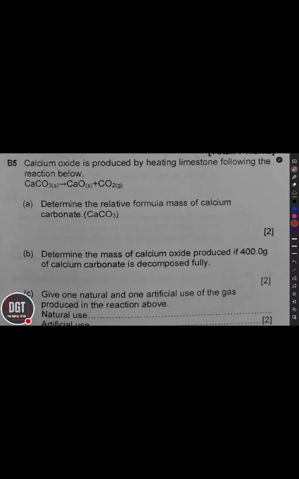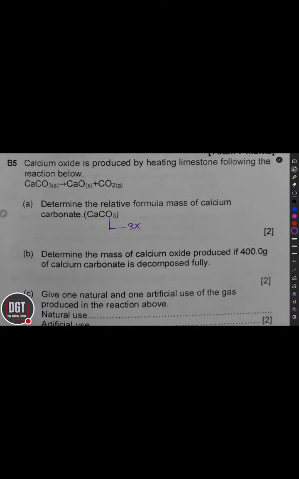Okay, so here is the first question. Determine the relative mass of calcium carbonate. How do you determine the relative mass of calcium carbonate? In order to determine the relative mass, I'm sure most of you use this, where you say how many oxygens we have.